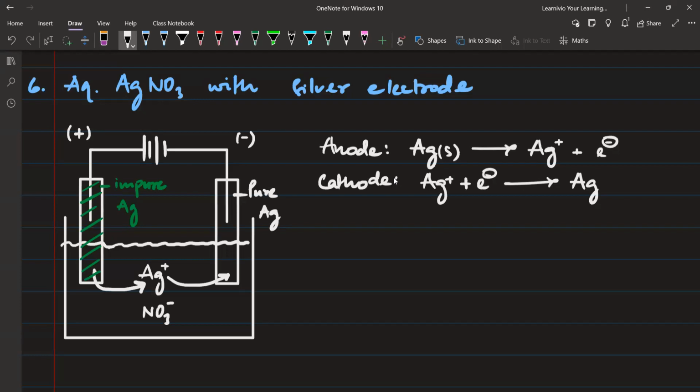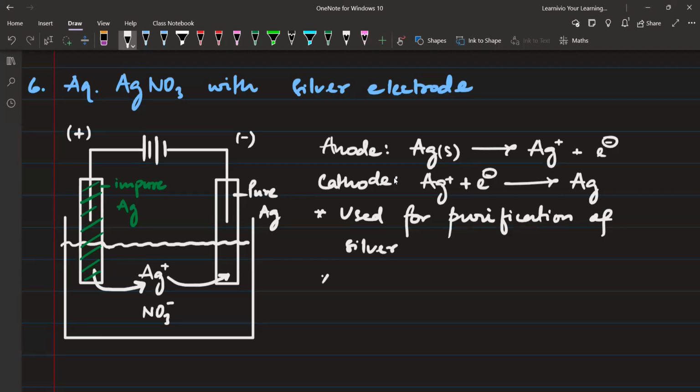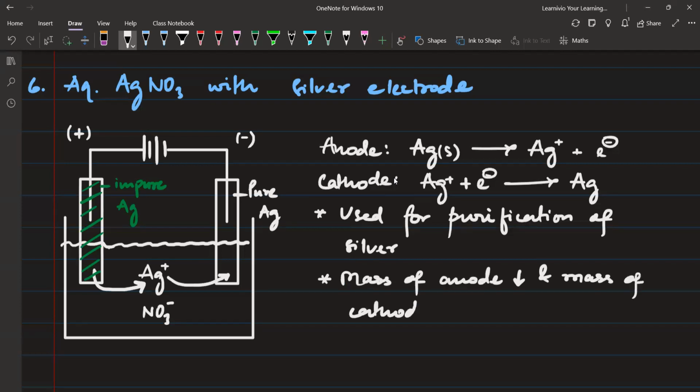So this is used for purification of silver. And the purification will take place slowly: the mass of anode will decrease, and the mass of cathode would increase with time.